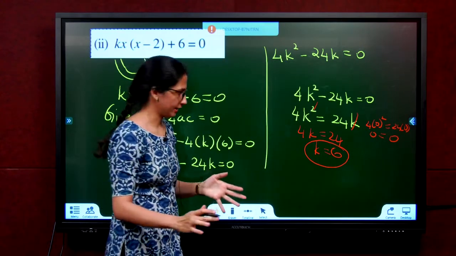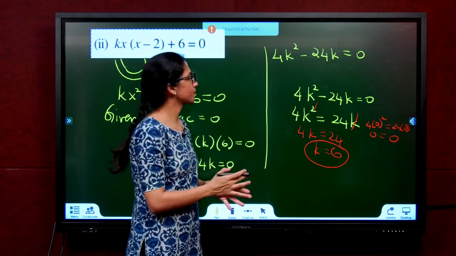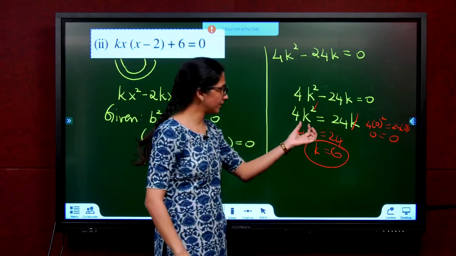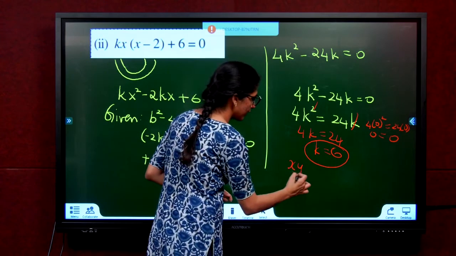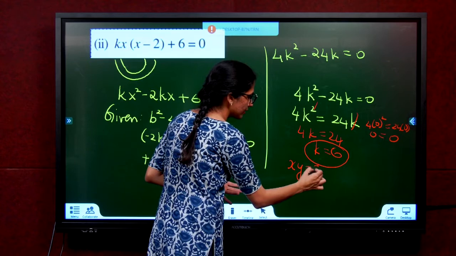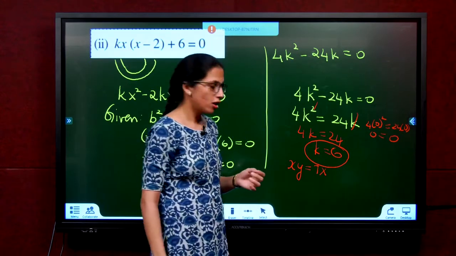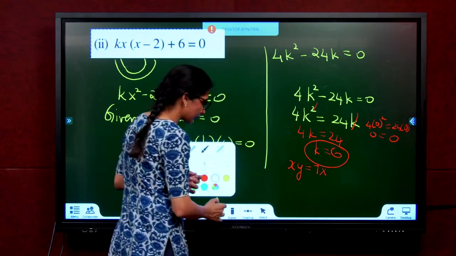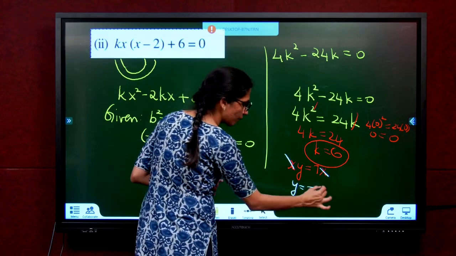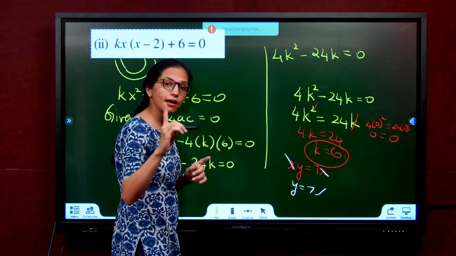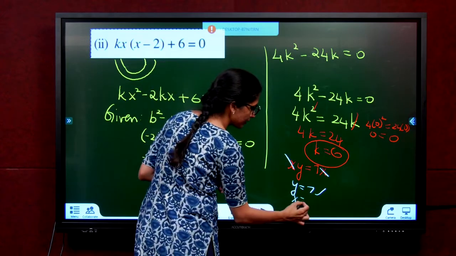In mathematics or in your science subjects, if you have a variable whose answer you are trying to find, let's say you have xy is equal to 7x. You can cancel x and x and write y equals 7, no problem. But you are missing out on one answer, x equals 0.